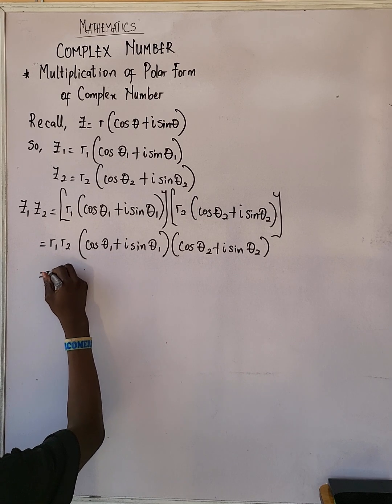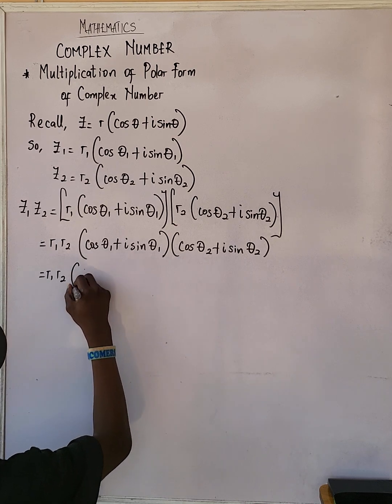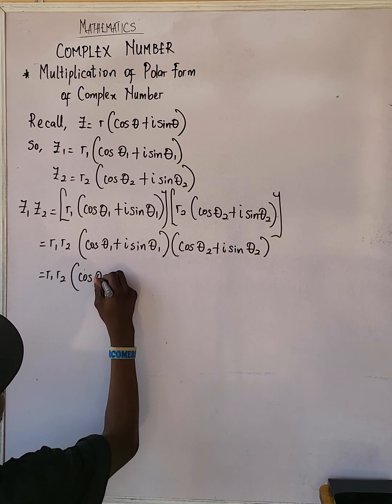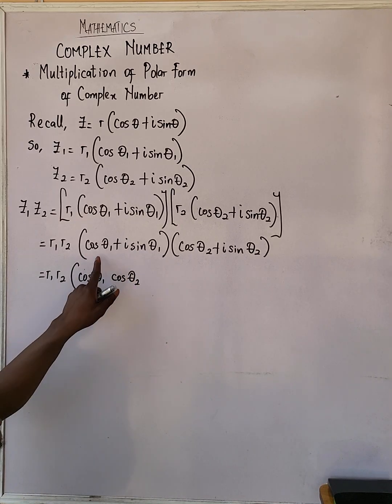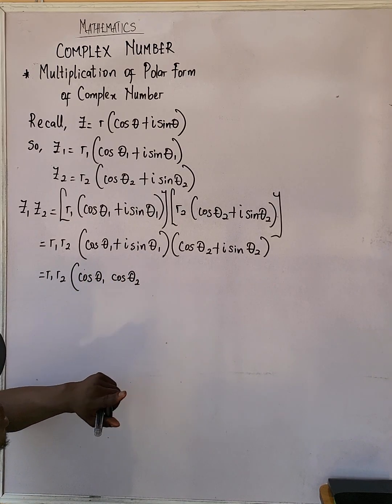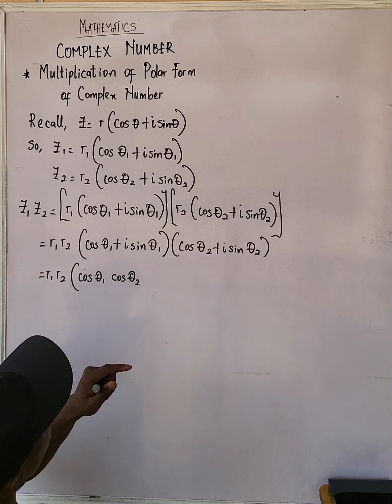So now we have R1, R2. Cos theta 1 multiplied by cos theta 2 will give us cos theta 1 cos theta 2, right? They have different theta, so we cannot just multiply and say cos square. It is cos theta 1 multiplied by cos theta 2.